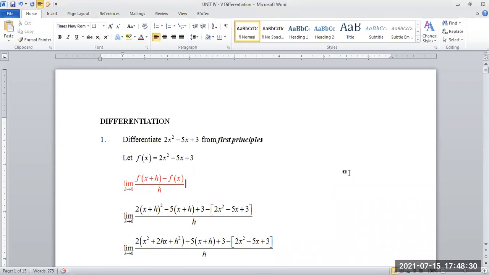So they asked me to differentiate 2x squared minus 5x plus 3. But before I can differentiate it, I need to name my function. So I'm going to let f of x be equal to 2x squared minus 5x plus 3.